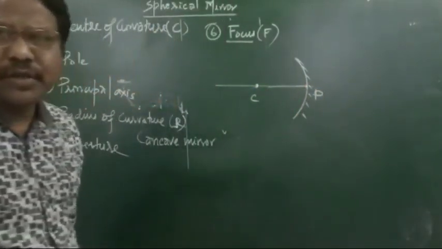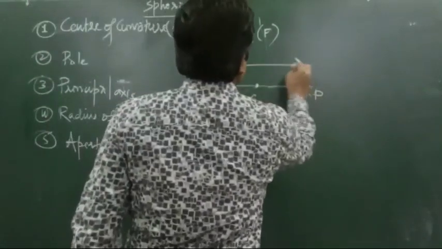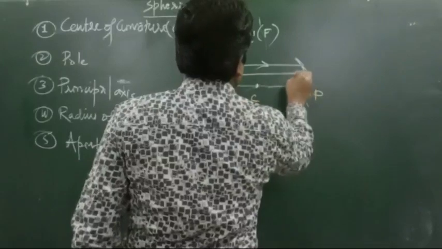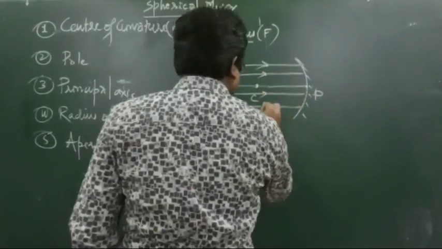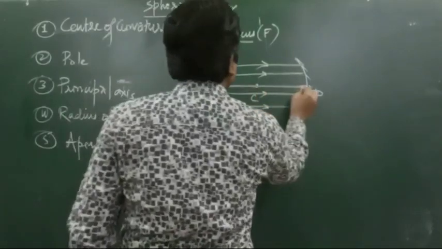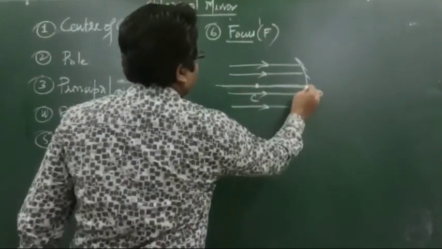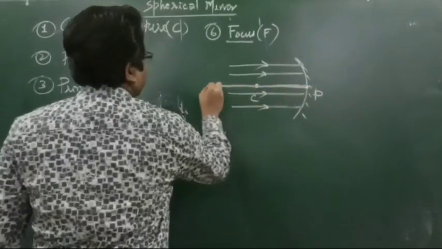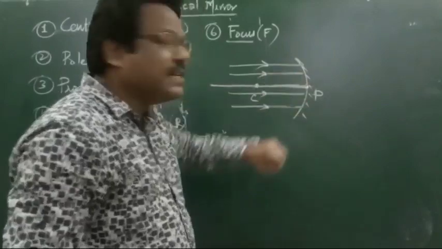Now, suppose light rays are incident on that concave mirror parallel to the principal axis. The line joining the pole and the center is the principal axis, and parallel to it these rays are incident.